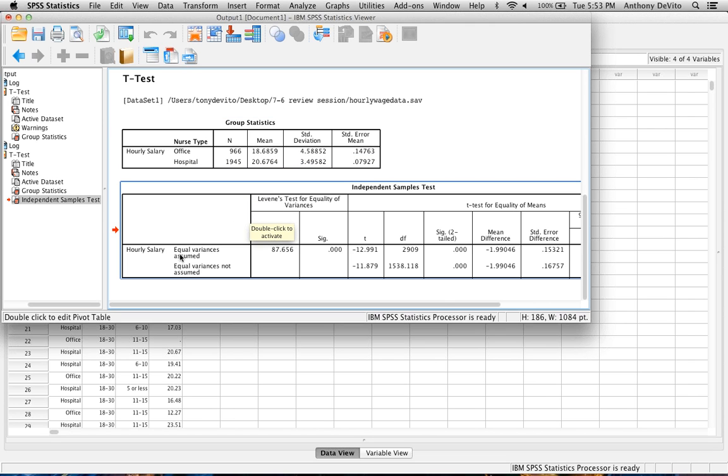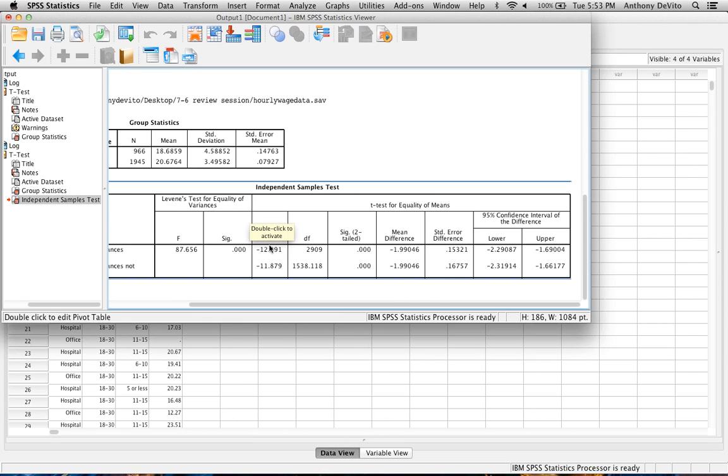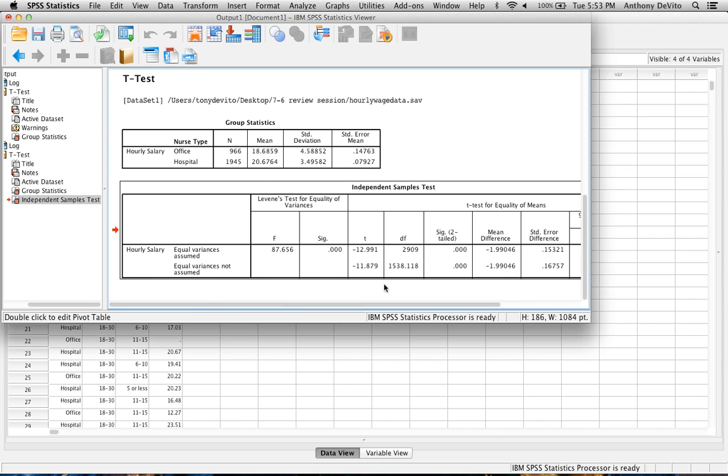And the way I do this is I go over here and I look at, it gives me two results. It does the problem for me twice. See here, it does the problem once on this line, and repeats the same problem down here. In the top part, it assumes that the variances are equal. In the bottom part, it assumes that the variances are not equal.